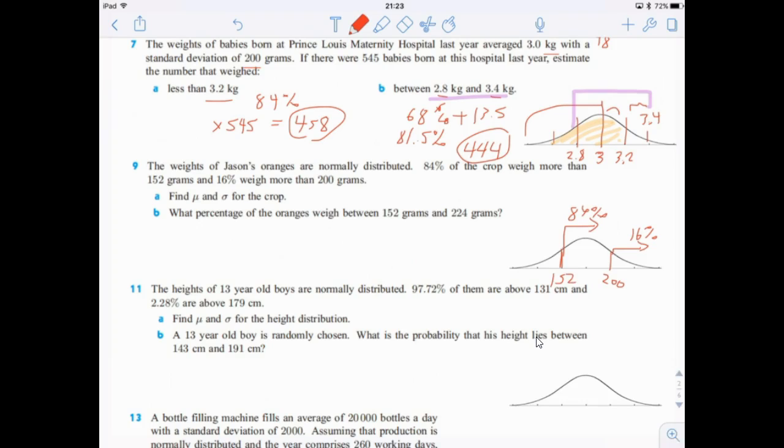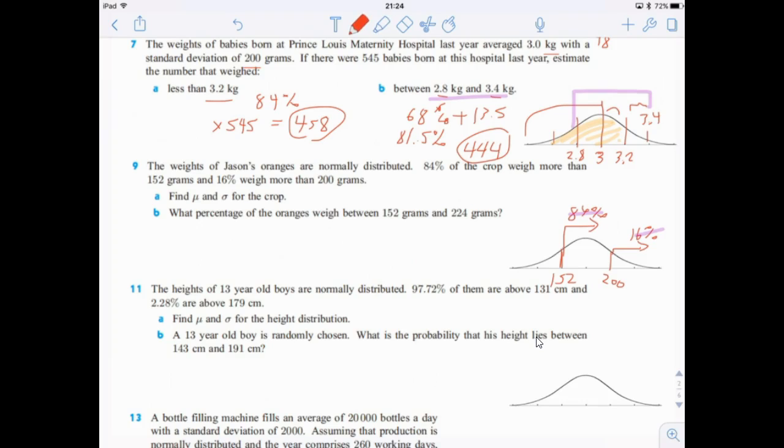Then it says to find mu and sigma. And you see how, since they gave us these very familiar values for the percentage, we already know that they're giving us values which are borders for standard deviation. So we already know that one standard deviation to the left is 152, and one standard deviation to the right is 200.